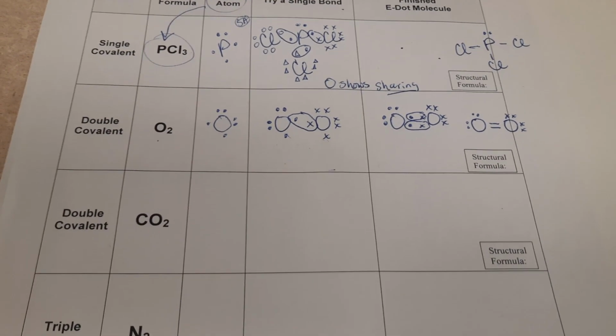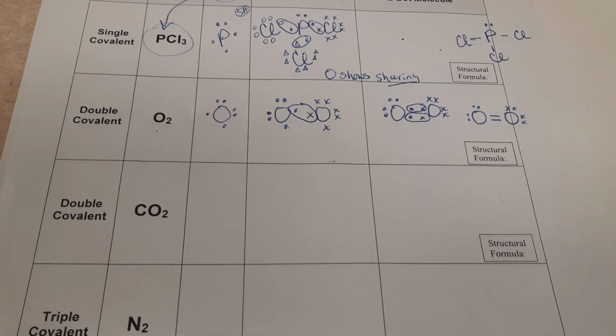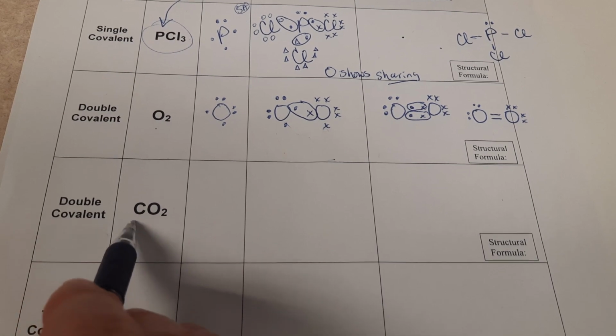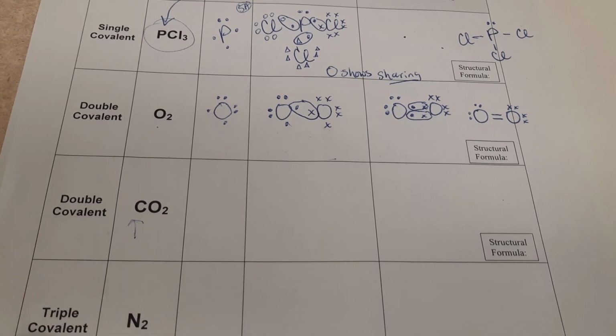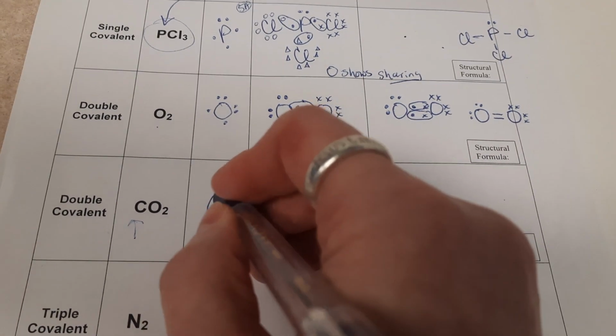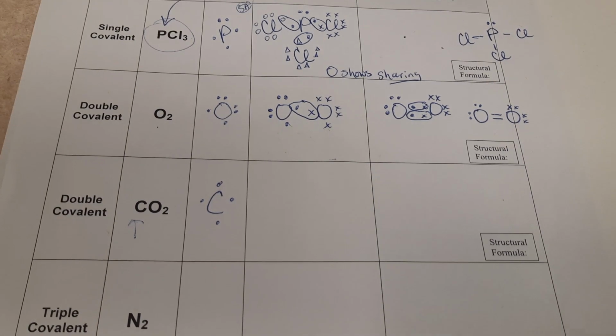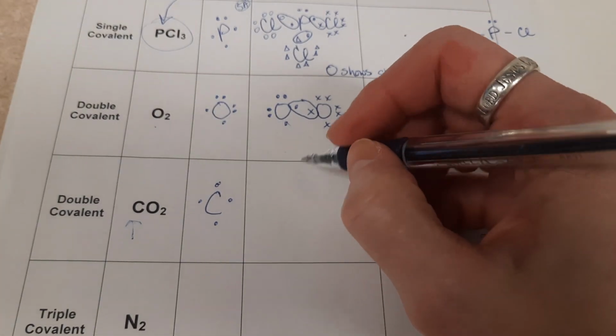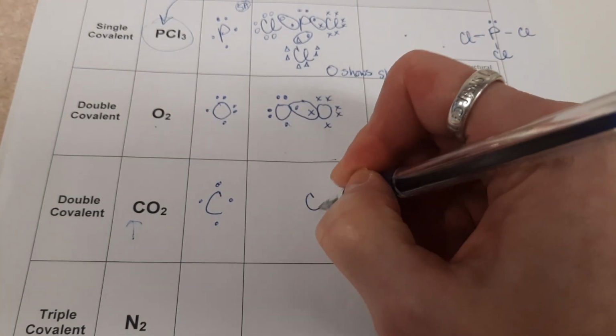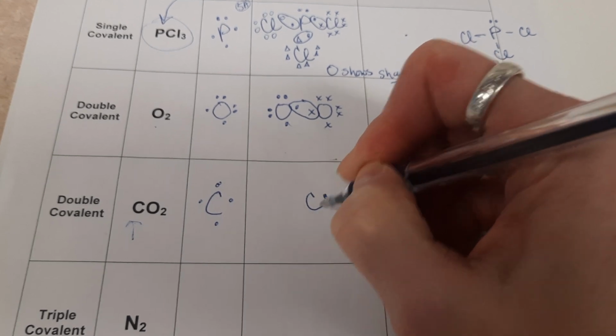All right, carbon dioxide, we're going to go through the same process. We do have a central atom, so that's the one that's either a single or it comes first. Carbon has 4 valence electrons, so we're just going to do the 4 dots. I'm going to try single bonds, so my central atom kind of goes in the center.